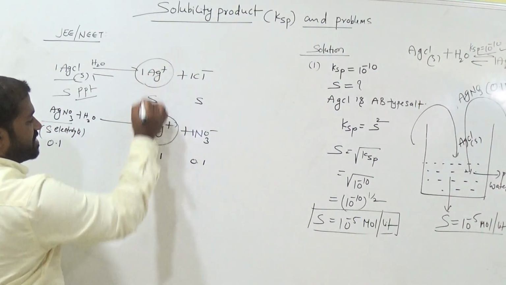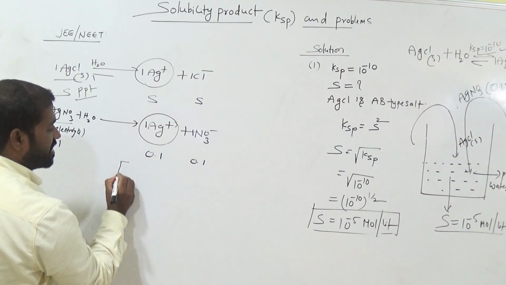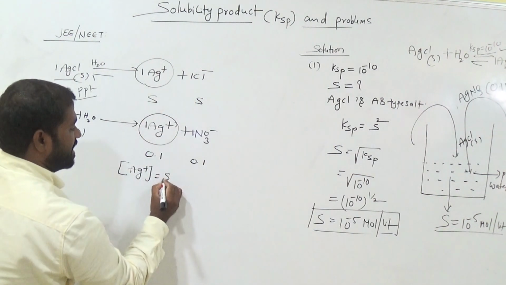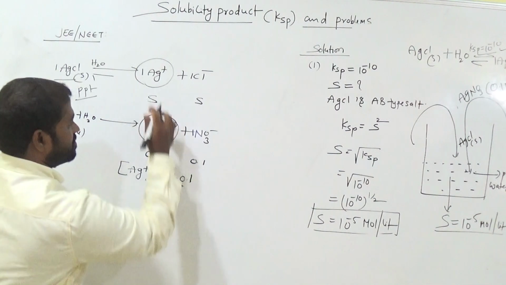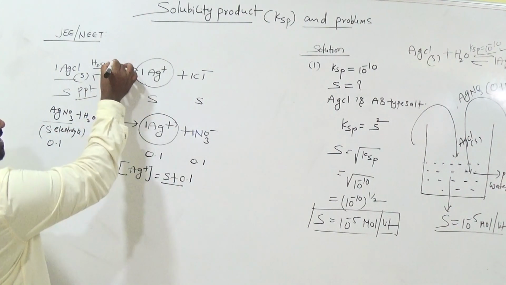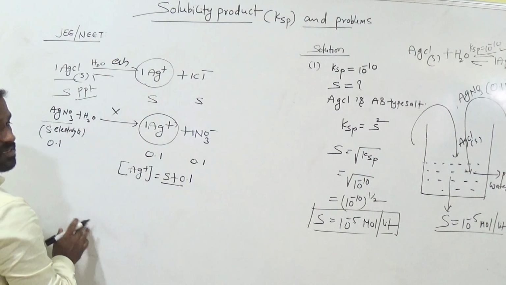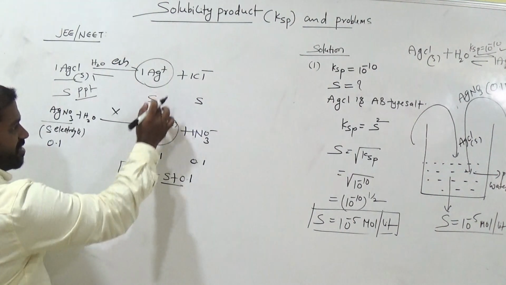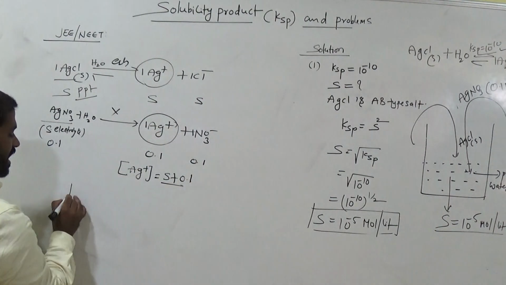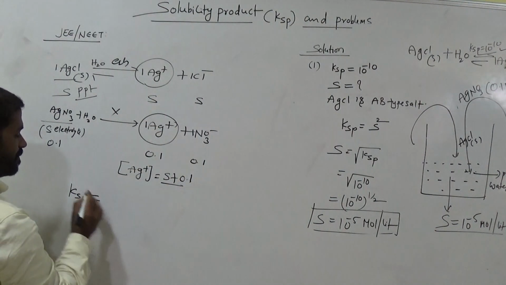Now in this reaction, what is the total concentration of Ag plus? Here it is S plus 0.1. Clear all of you? Total at equilibrium is S plus 0.1 added here. Now the Ksp expression, how much?